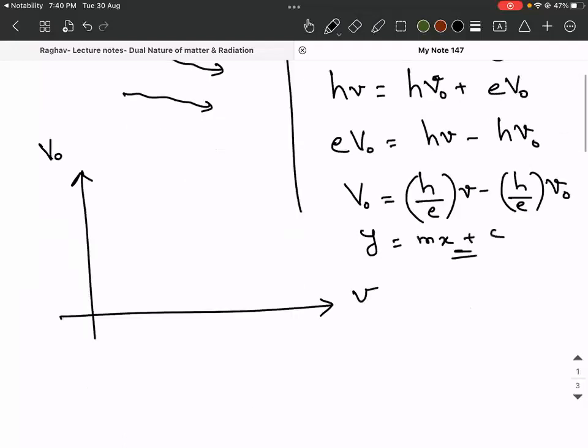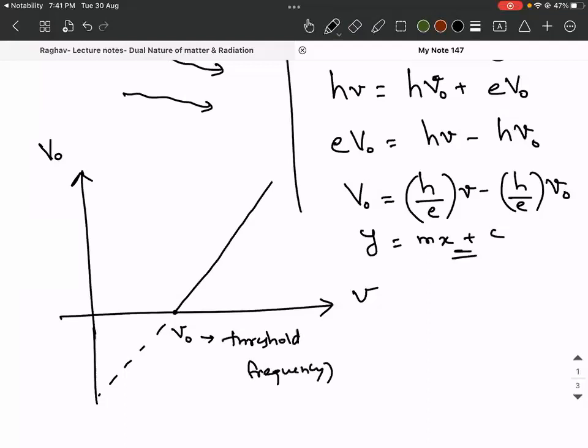But c is having a negative value. Is it right? So this value is called the threshold frequency. Is it clear?